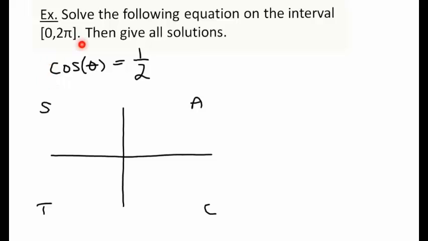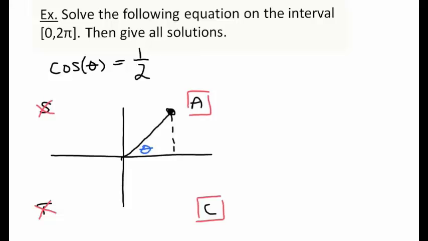What we know is that cosine of theta is a positive value. So, that means the quadrants that we're going to consider are here and here. We're not going to have any solutions in this quadrant or this quadrant because in these two quadrants, cosine is a negative value. So first, let's try to solve cosine of theta equals 1/2 in the first quadrant only.